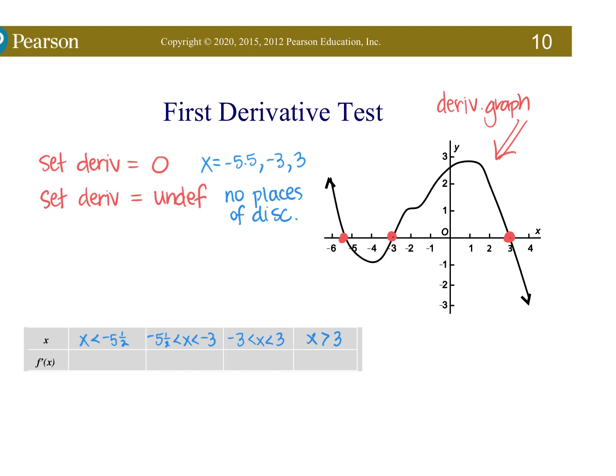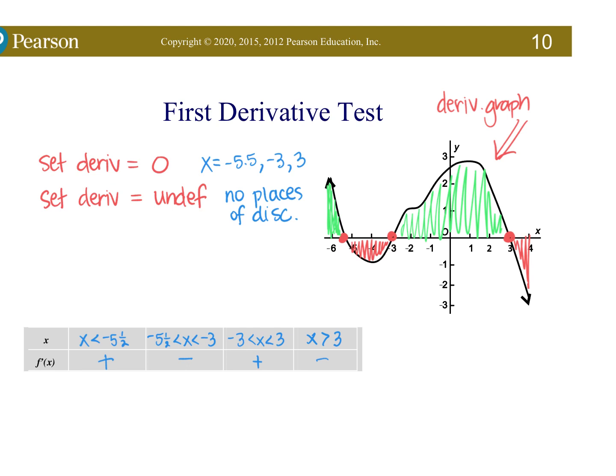So as I analyze this section that is less than -5 is above the x-axis, so that would count as a plus. The next section is below the x-axis, so that would count as a minus. And then we've got a big plus section, and then another minus section. So reading a derivative graph is different than reading a regular graph.